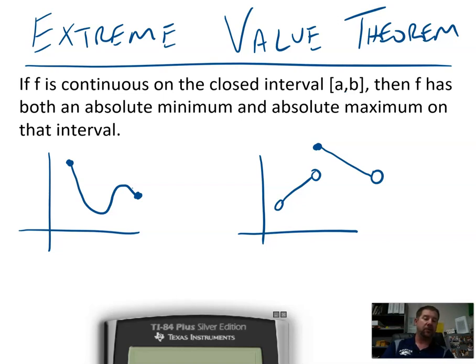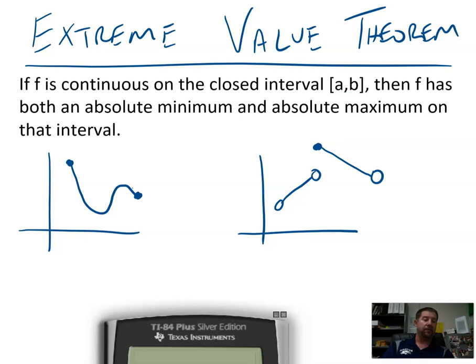Maybe it goes up, we just don't know. So I can't say that this is a min or a max at that endpoint. I have a relative max here, and I have a relative min, which would also be our absolute min on this interval.